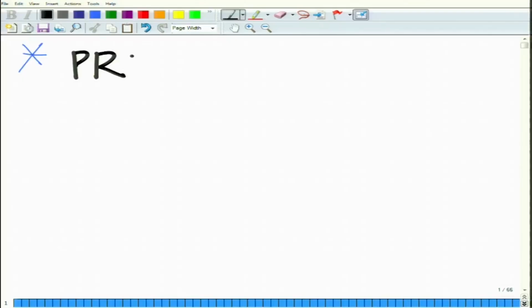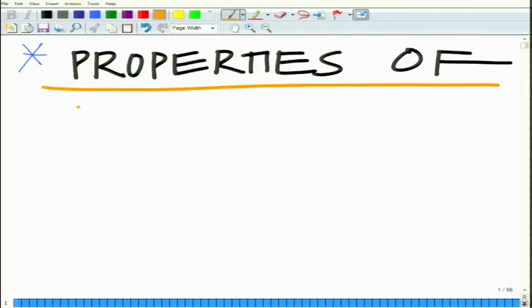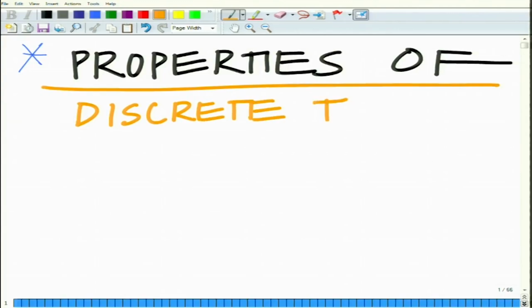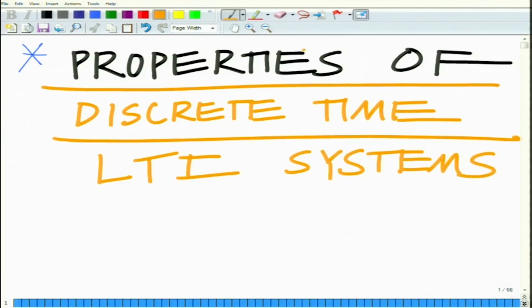But nevertheless, let us take a look at those properties of discrete time LTI systems.